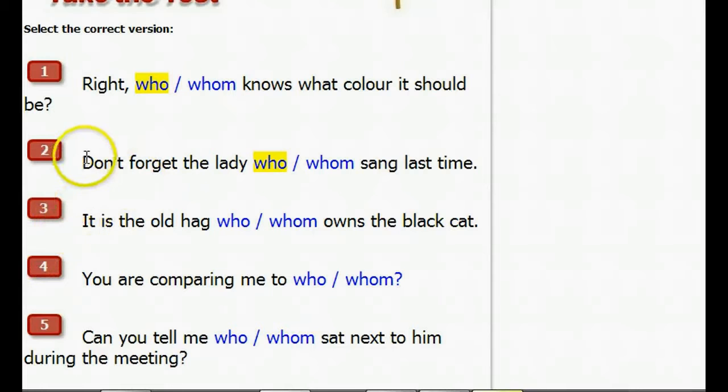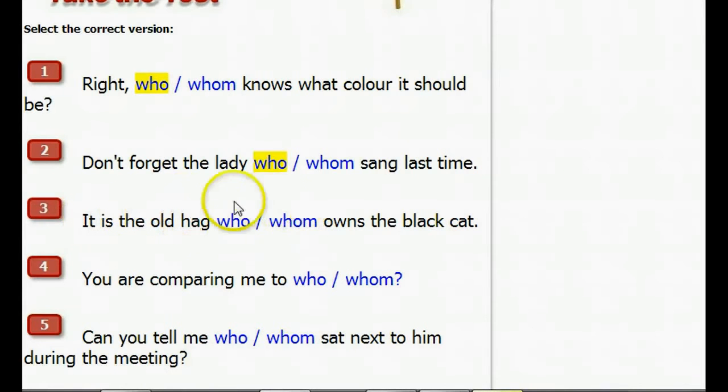Now, this one is a lot like the one before. However, I'm going to go into a little longer explanation of it. It is the subject, is the verb, and hag is a predicate nominative. Okay, and it refers back to the subject.